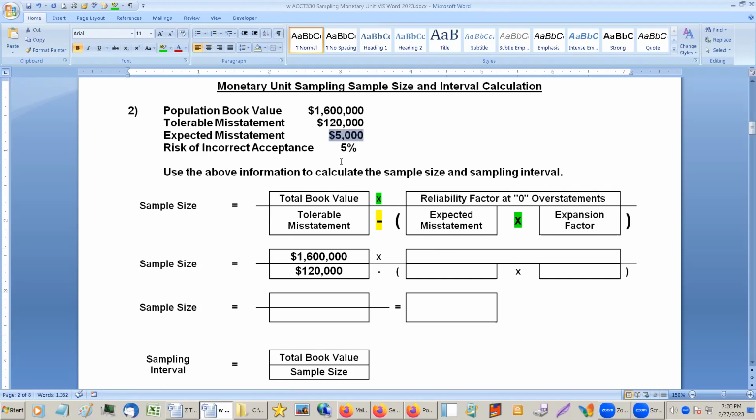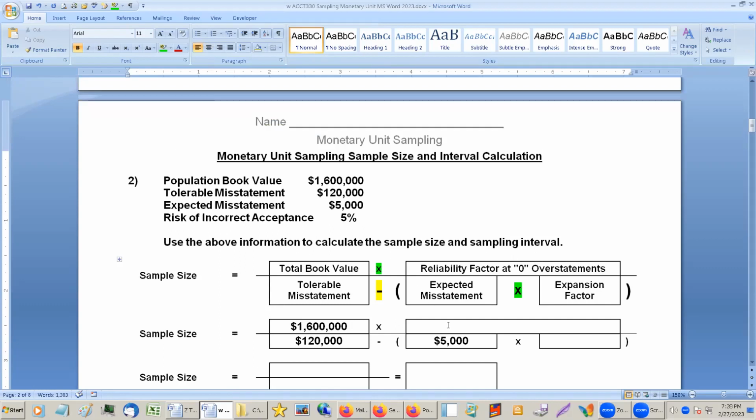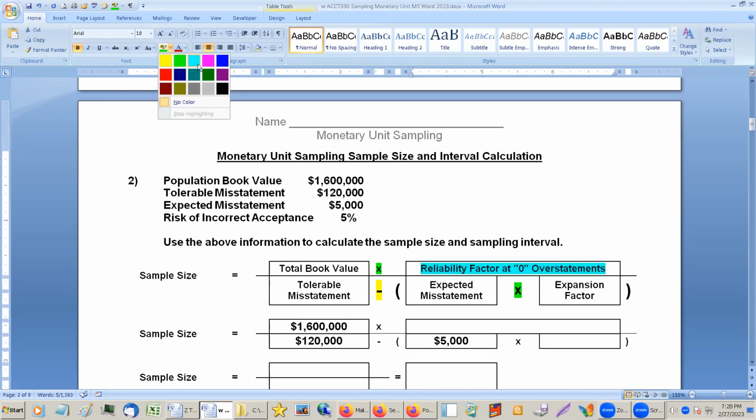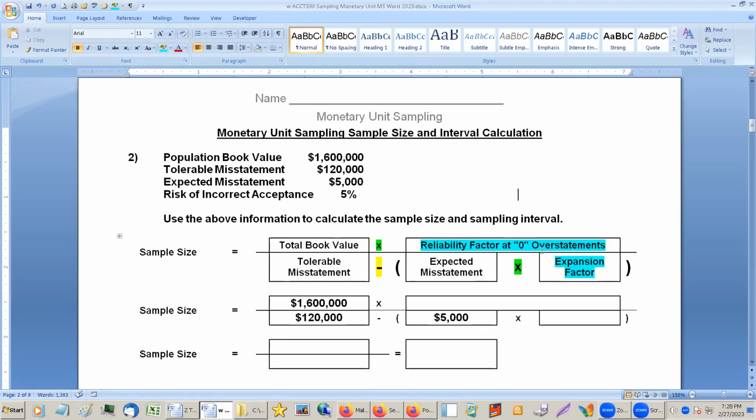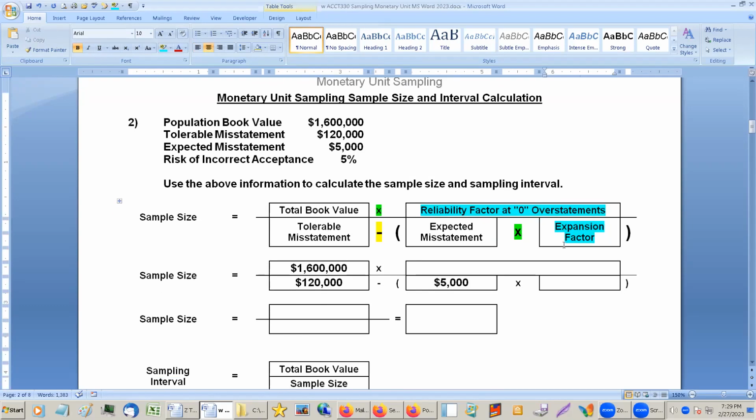The expected misstatement. Now, 2 things we need to finish out our formula here: the reliability factor at 0 and the expansion factor.